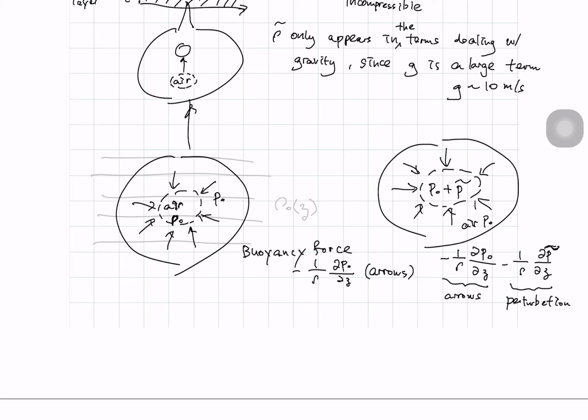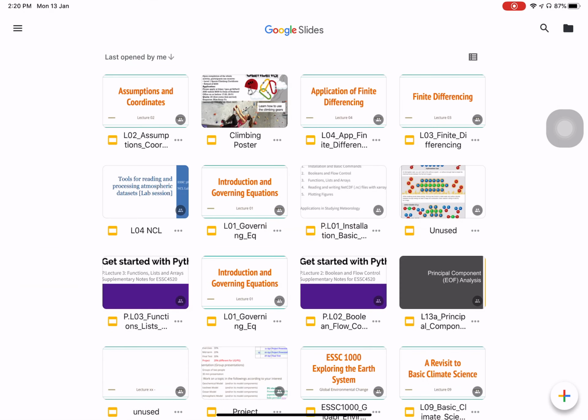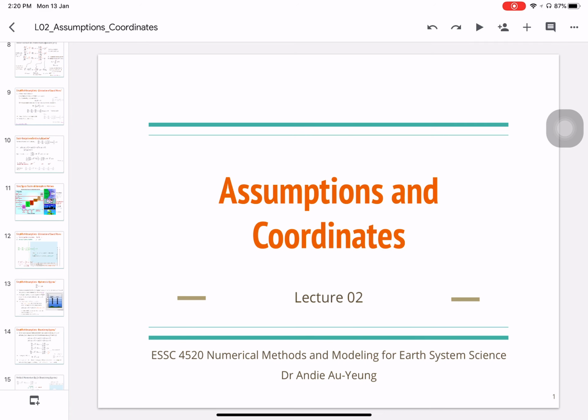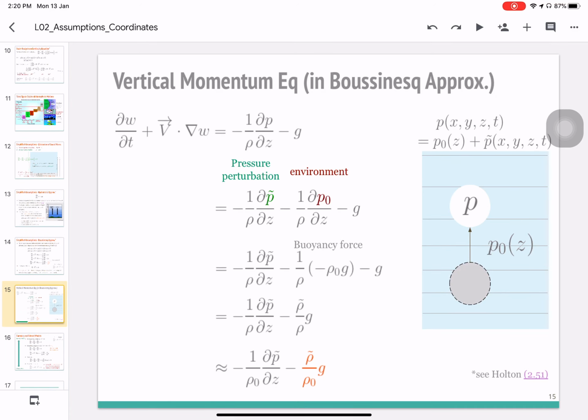I have the math in the slides. In here, this is how we rewrite the gravity, the adjusted gravity. This is due to the density variation in our atmosphere. If there is no variation, then you don't need this term, right?